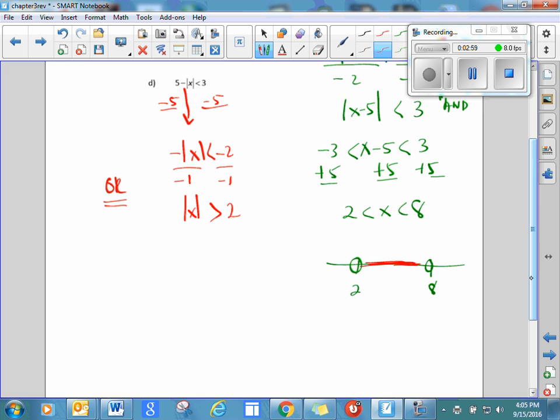So when we go to graph it, we want x is greater than the positive value, or x is less than the negative value. And that creates our graph going in opposite directions, looking like this. Here's our negative 2, here's our positive 2, and we want all the numbers going in opposite directions off of both of those. So that's our graph for that one.